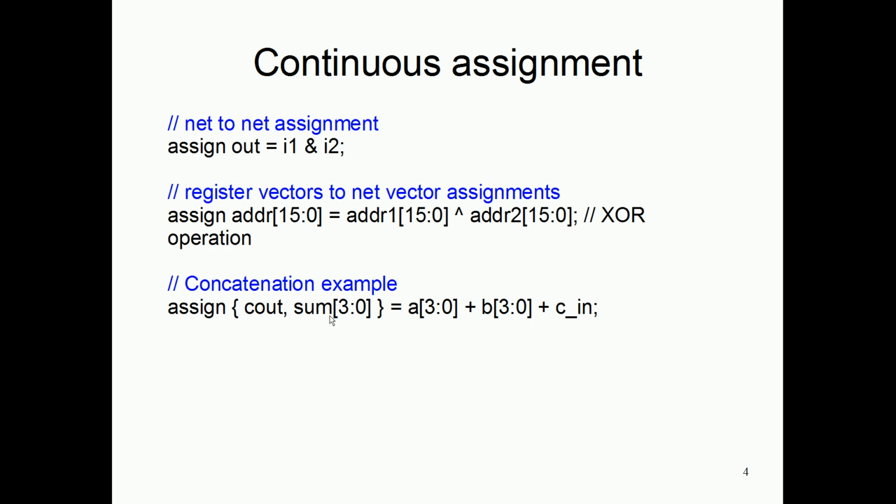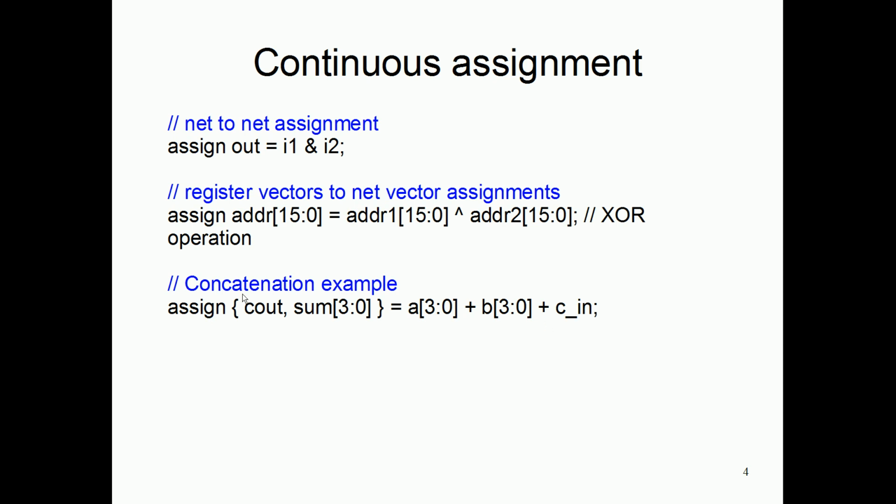Concatenation, we'll see that operation later, but practically it is curly braces open and close, with a comma separated list. This means the whole right hand side will be assigned into the left hand side, which is 4 plus 1, in this example 5 bits long. There is a 4-bit A, maybe register or net, a 4-bit B, and a carry in.